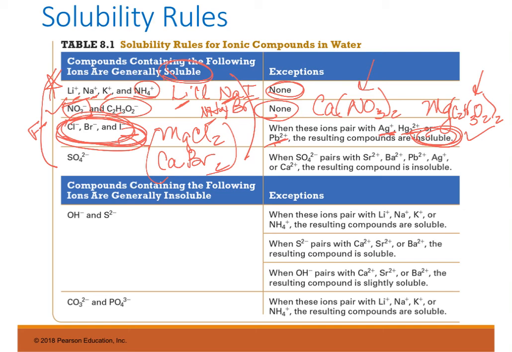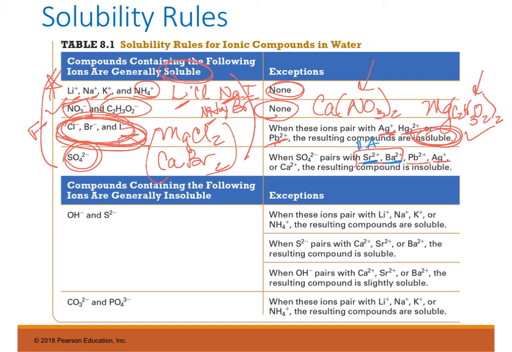All right, so finally, the last anion that tends to make ionic compounds soluble are sulfates. The key exceptions are lead and silver again, but the most common exceptions by far are the heavier group 2A metals.